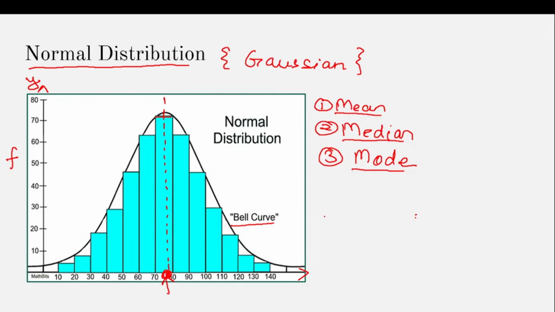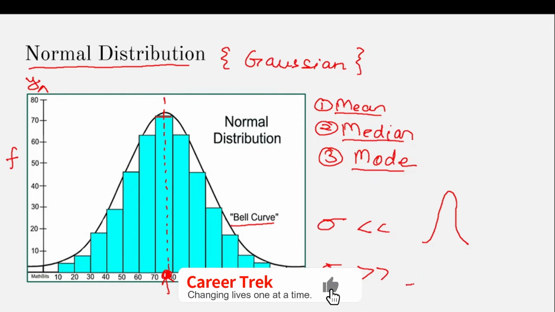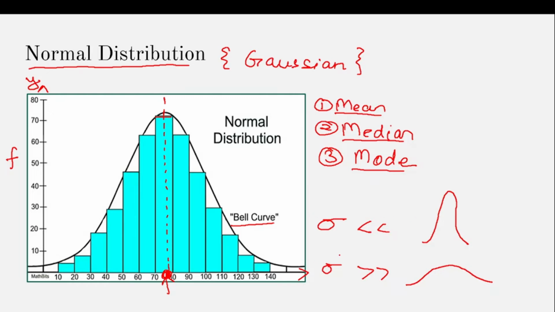Under the measures of variability, we have seen that if my standard deviation value is less, we get a steep curve. But if my standard deviation value is large, we get a flat curve. So we can use standard deviation as well to represent the normal distribution.